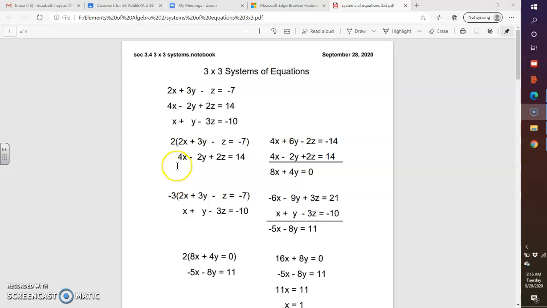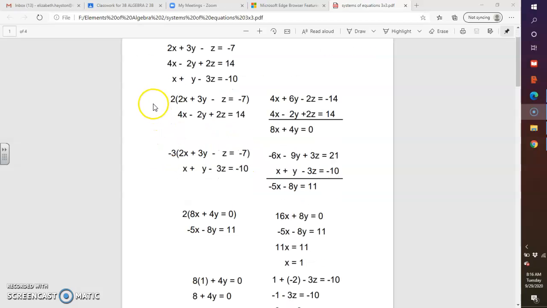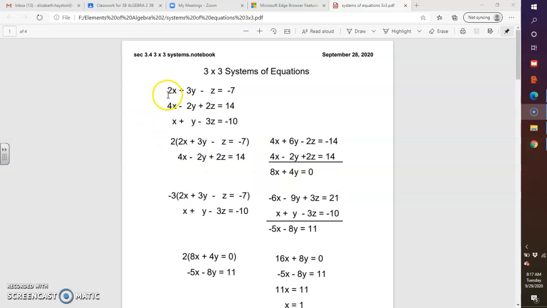Now, since I've eliminated the z on the top two, I need to eliminate the z between the first and the third one. So 2x plus 3y minus z equals negative 7, and the bottom one, x plus y minus 3z equals negative 10. To eliminate the z here, I multiply everything through by negative 3. That way I get a positive 3z, and you're left with the negative 3z down here.